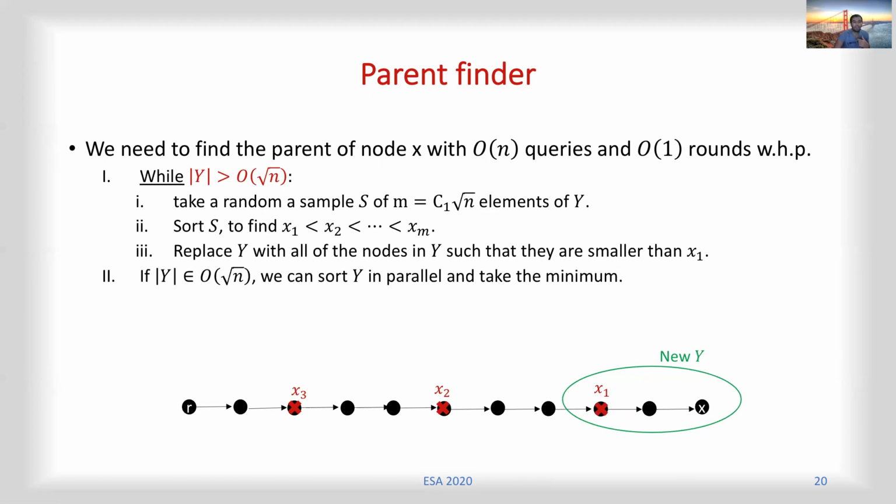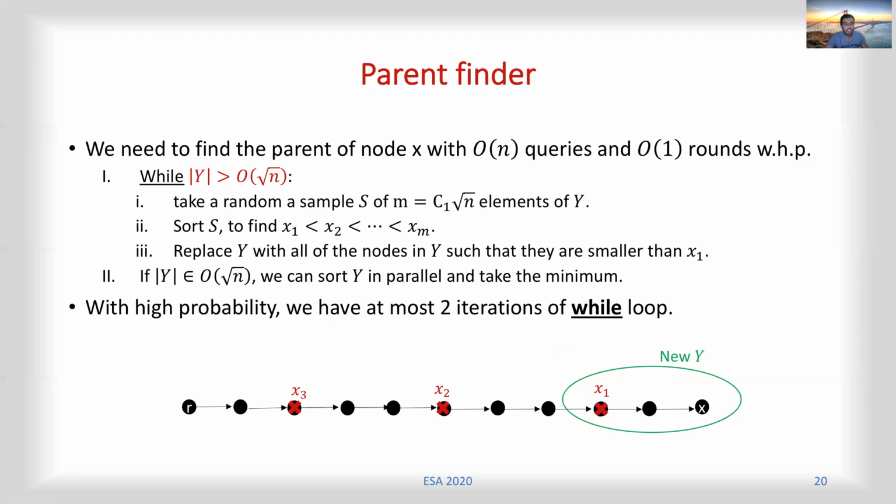We continue this loop until the size of y is at most a square root of n. After that, we can just sort all of the elements of y in parallel and take the minimum.